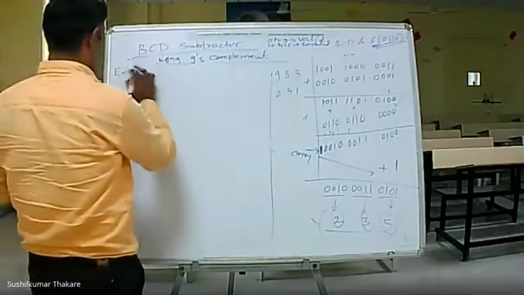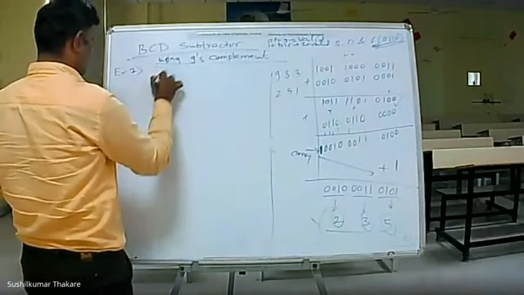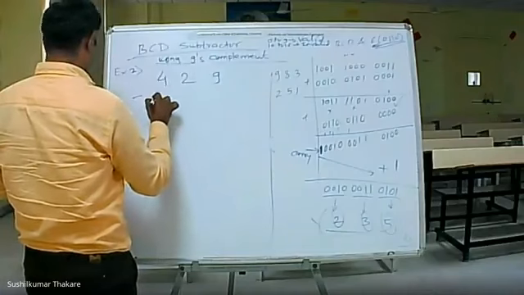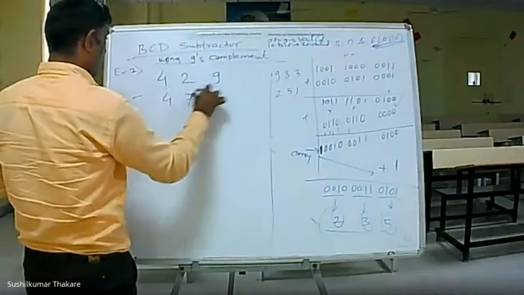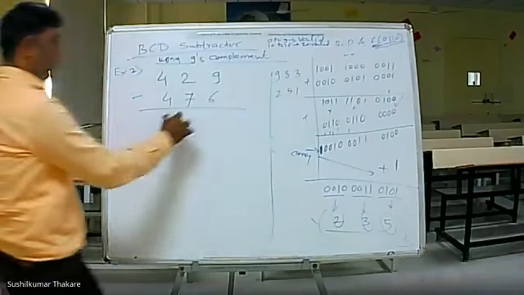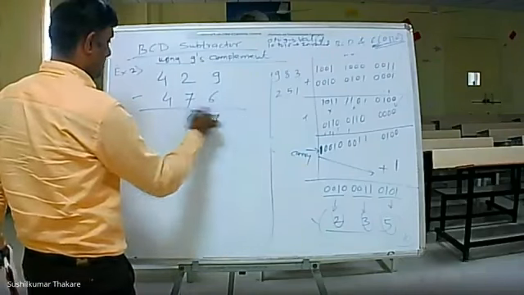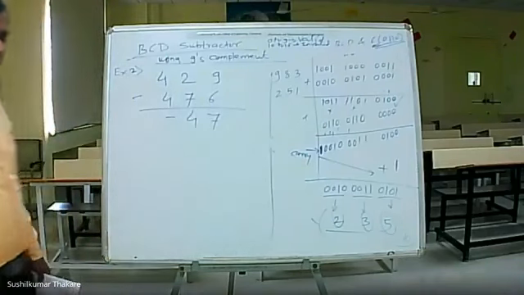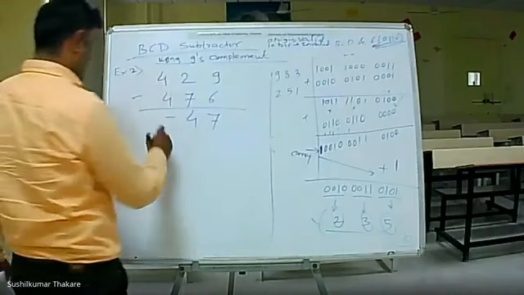Example number two: 429 minus 476. Just using 9's complement.